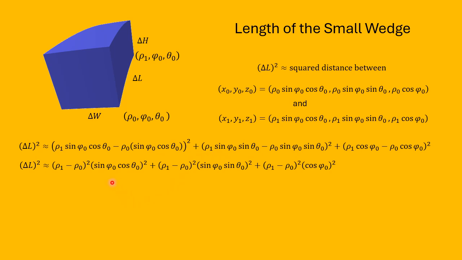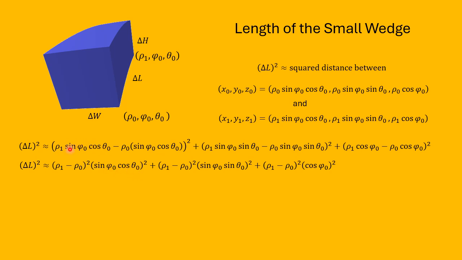So now we'll play the same sort of game that we did before. First of all, we notice that we have a (ρ₁ − ρ₀) squared times this. And where did that come from? Well, let's see.